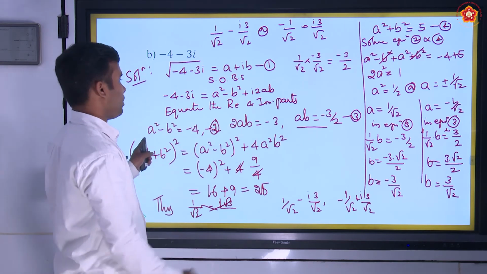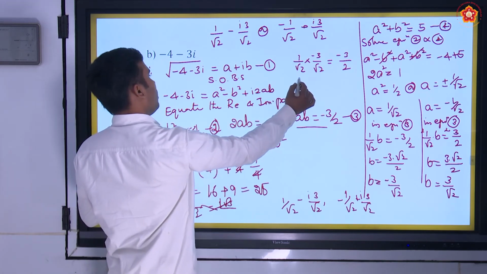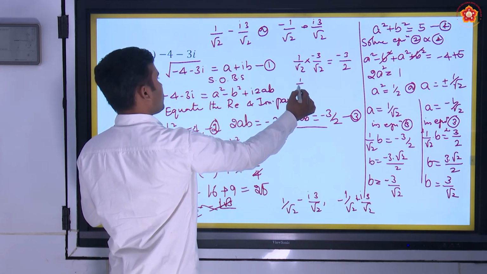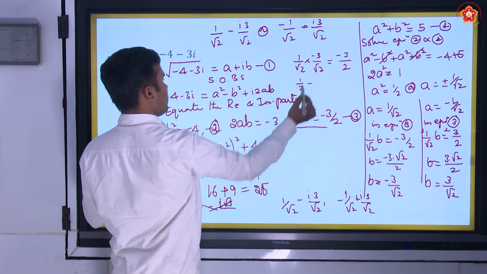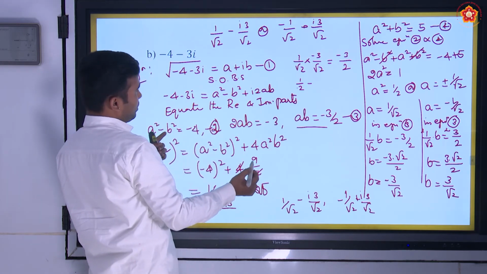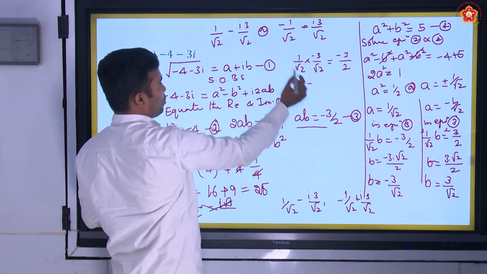Here also you can put a is 1 by root 2. 1 by root 2 whole squared is 1 by 2, minus b squared. b squared is 9 by 2.